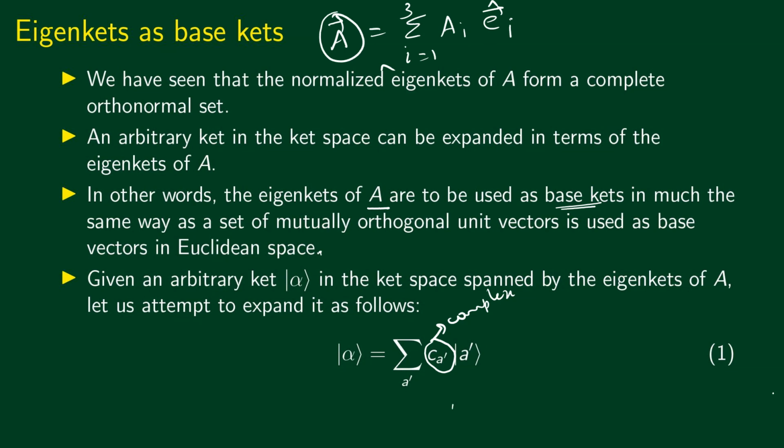In this case, the number of base vectors is equal to the number of eigenvectors of operator A, or in other words, the number of different eigenvalues that the operator A can have. So the number of eigenvalues of operator A defines the dimensionality of the vector space that we are using.